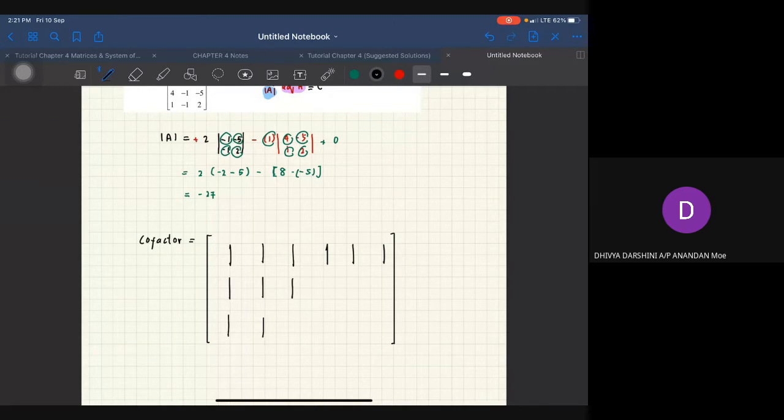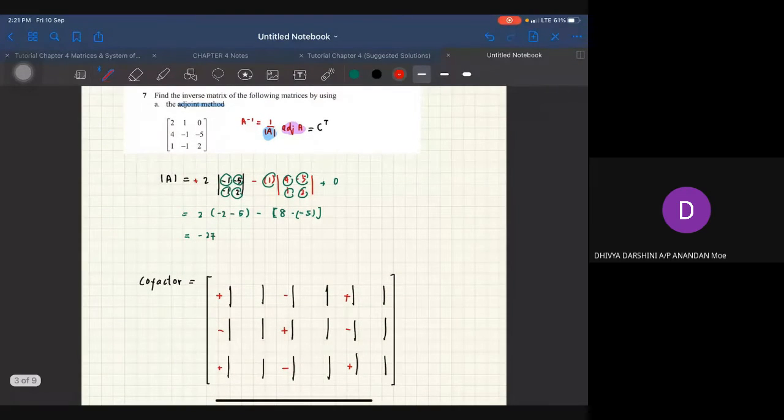Okay, and then kita akan put the sign. Okay, so kalau cofactor dia melibatkan sign. So awak kena letak, the first sign is plus and then negative, plus, negative, plus, negative, plus, negative, plus. Okay, macam tu saja. Alright, so for the first thing, untuk dekat sini, apa yang awak perlu letak is you eliminate this first row over here and this first column over here.